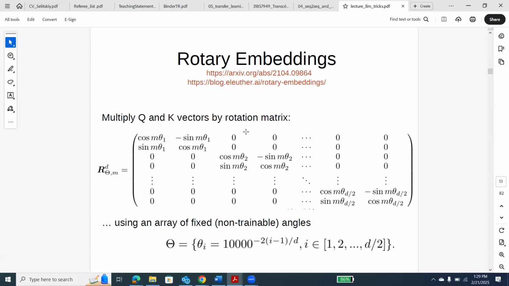If the distance between the words is larger, then this matrix will rotate these words by a larger angle and will make these words less similar. So again, the same idea: for words at a large distance, we will consider them less important. So this is the idea of rotary embeddings.